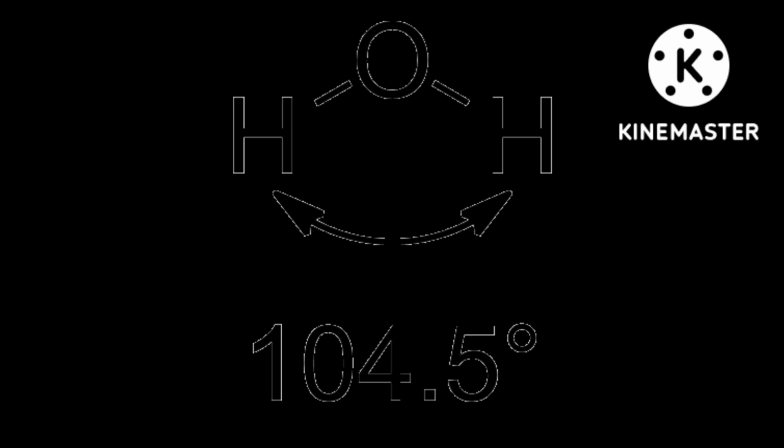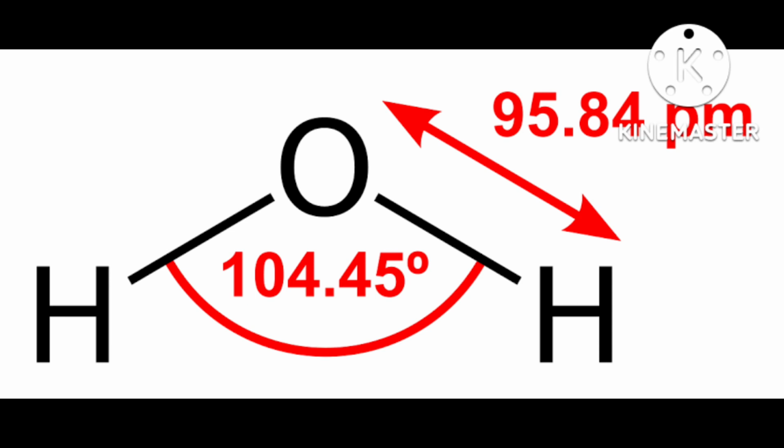Why are we studying bond angle here? What is the purpose of studying it? It gives some idea regarding the distribution of orbitals around the central atom in a molecule or a complex ion, and it helps us in determining its shape, what type of shape will be there.